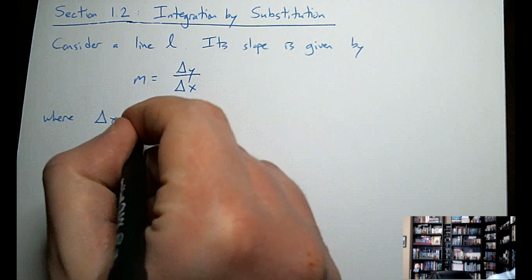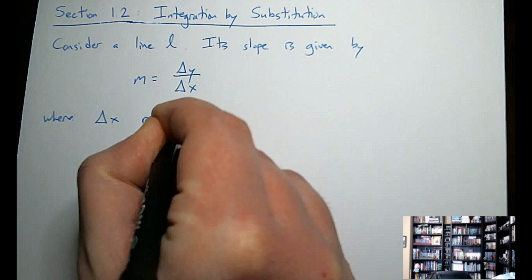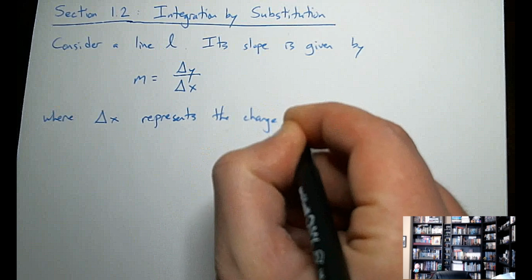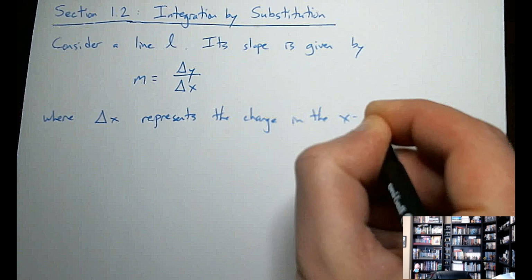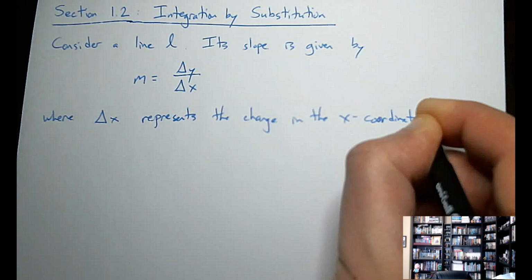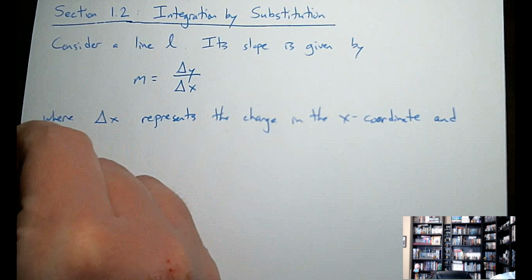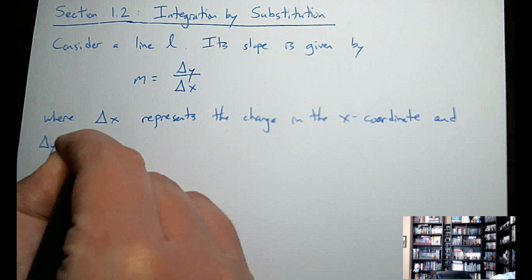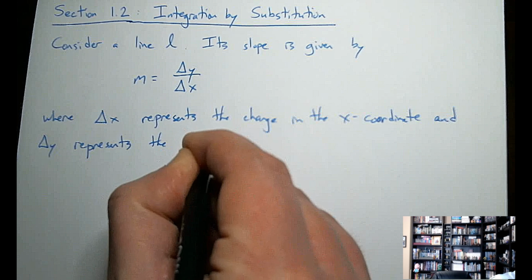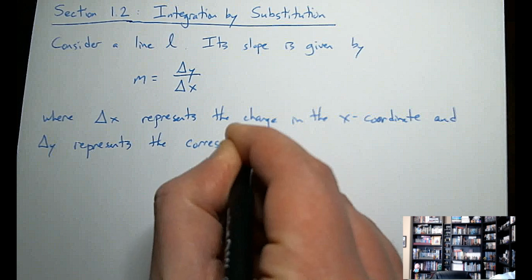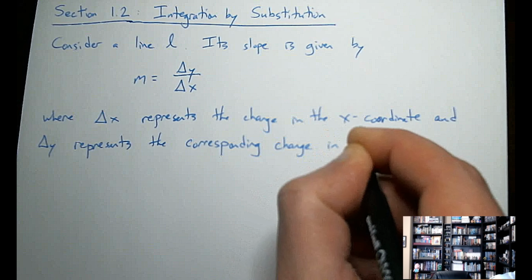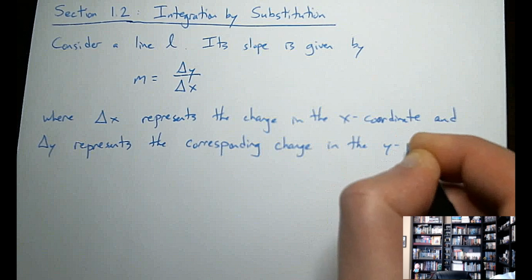So delta x here, that represents the change in the x-coordinate. And delta y, that represents the corresponding change in the y-coordinate.